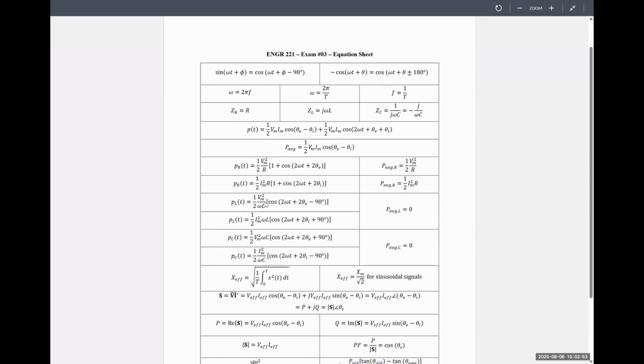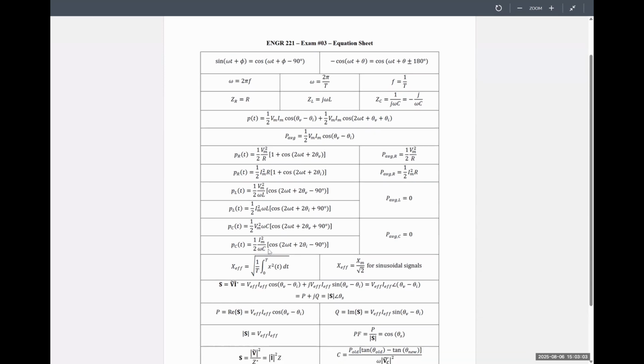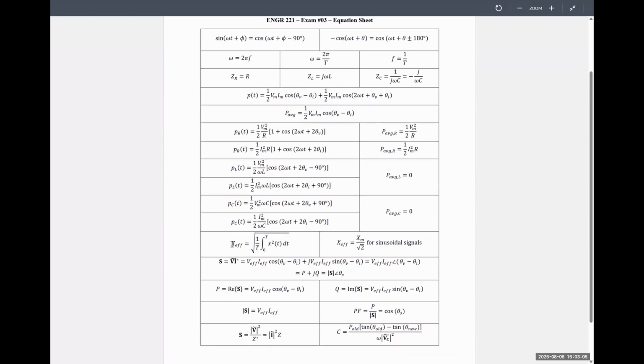Instantaneous power for inductors in terms of voltage, instantaneous power for inductors in terms of current. Same kind of thing going on for capacitors. Here's our equation to determine the effective or RMS value of a generic periodic signal. Here, specifically, the effective value is just the magnitude of the sinusoid over √2 for a sinusoidal signal.